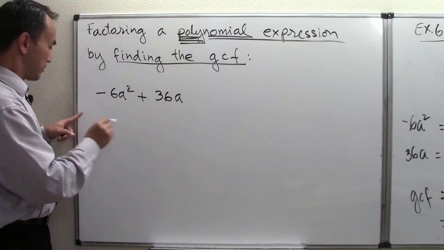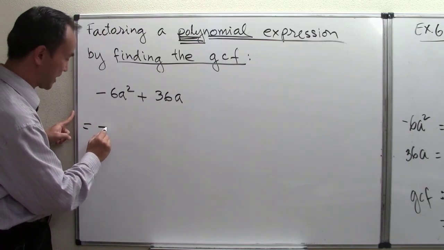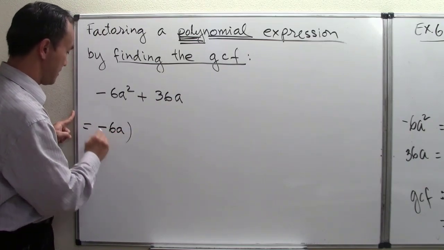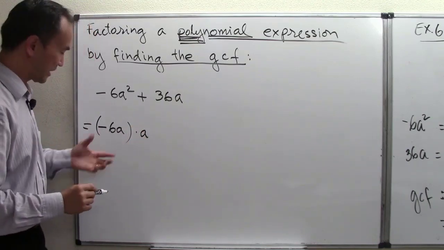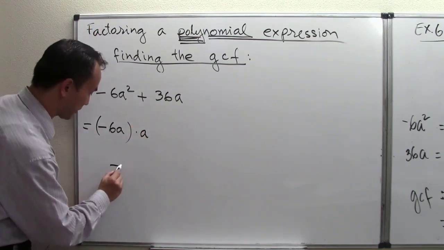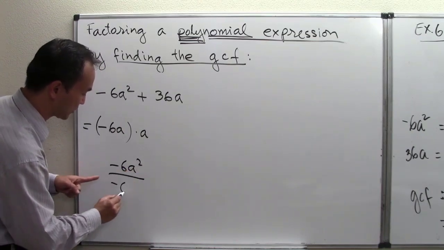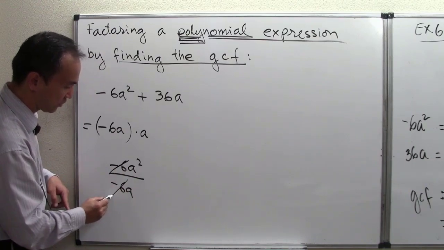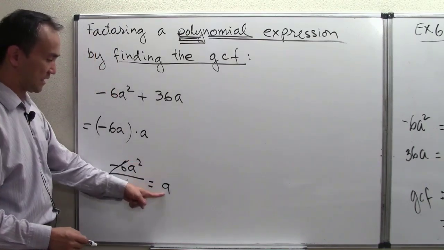The GCF was minus 6a, so minus 6a, and the other factor that remains is simply a. And how do I know this so quickly? Think of it as minus 6a squared divided by minus 6a. The minus 6 cancels away, and a squared divided by a gives me just a.